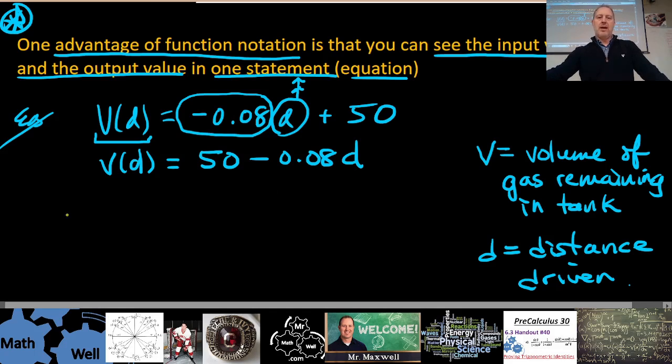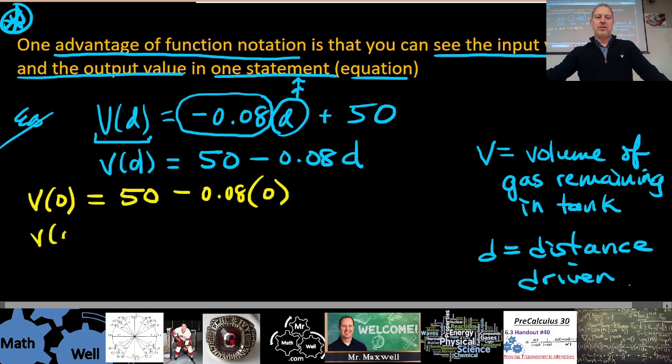So let's think about that. I want to find out what v of 0 is. If I drive 0 distance, then I simply put 0 in for d. So what's v of 0? We have 50. We didn't touch 50, d is not attached to 50.